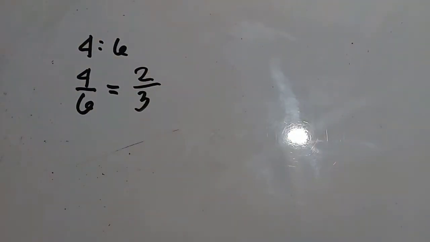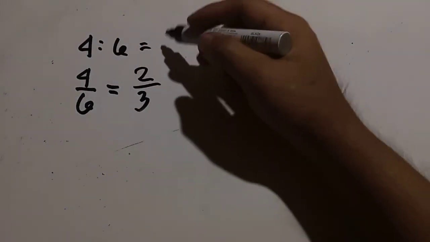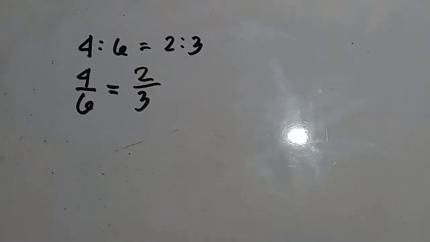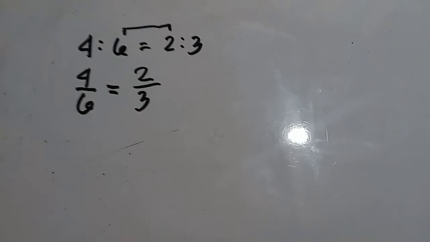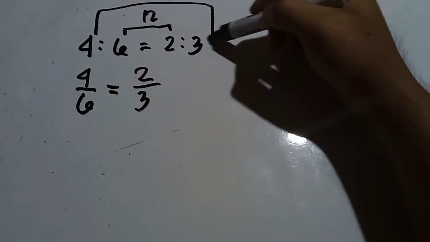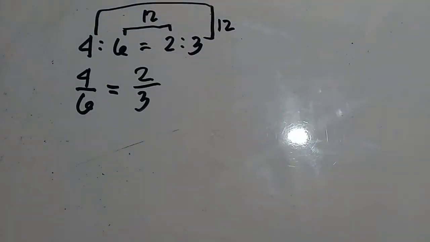Alright, so 4 over 6 equal to 2 over 3, or 4 is to 6 equal to 2 is to 3. Bakit? I-check natin kung ang ating dalawang ratios are equal. So, i-multiply natin yung ating means. So, we have 6 times 2, that is what? 12. How about this one? 4 times 3, that is? It is also 12. Nakuha.